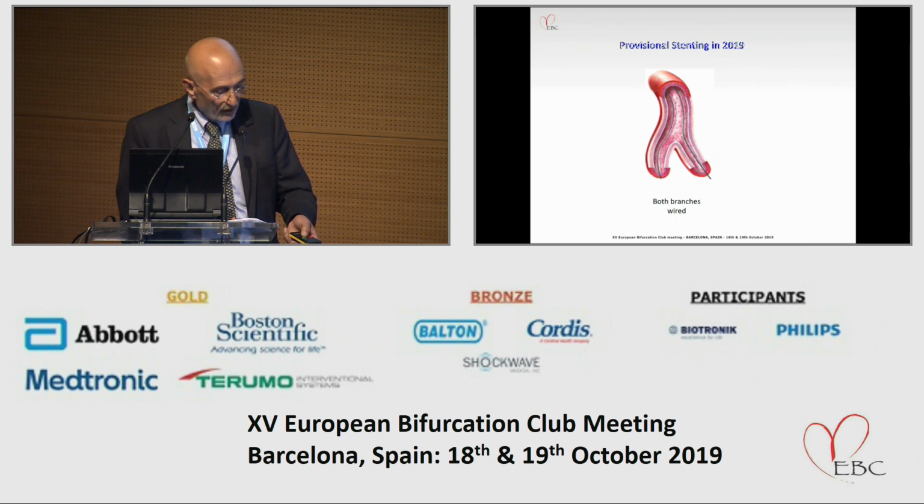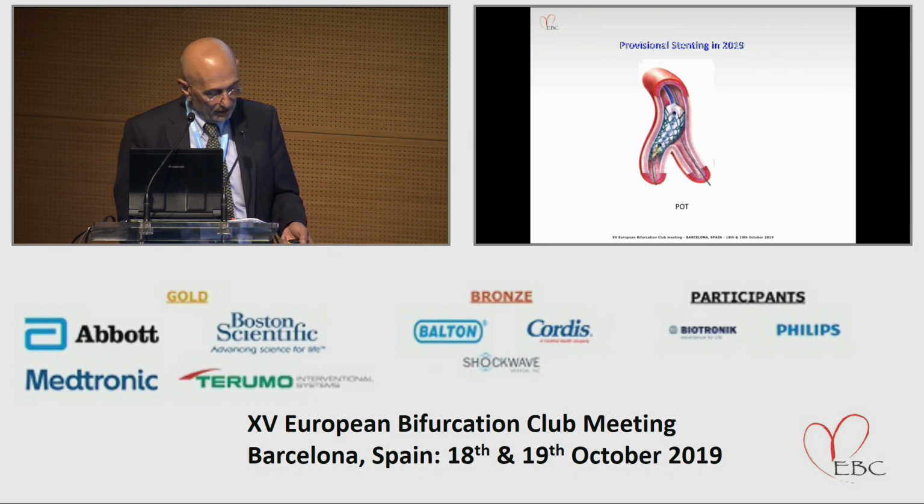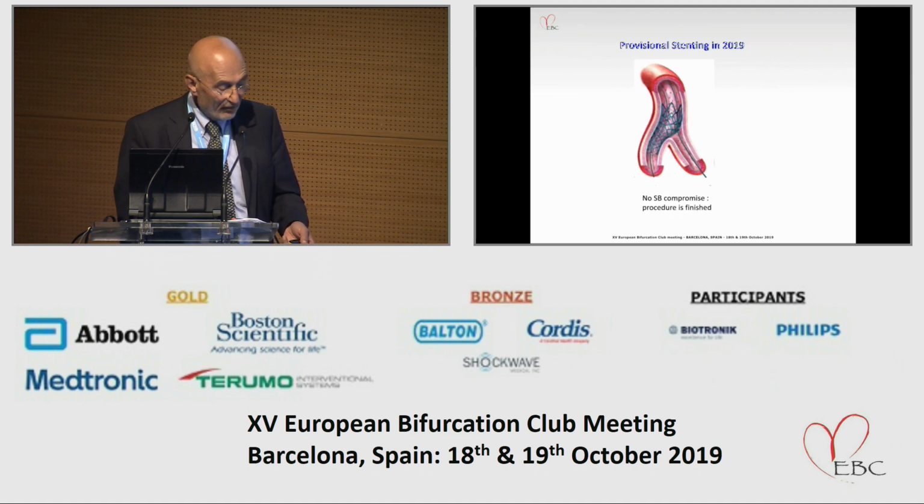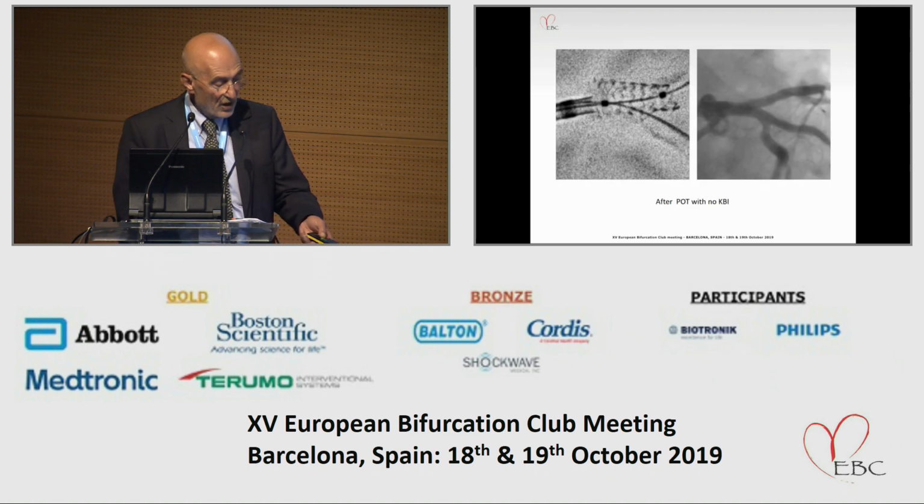We know also that provisional stenting today is to select your stent according to the distal vessel reference diameter, then going for POT. And if you don't have any compromise of the side branch, you can see your stent like this with very easy technology. That means the enhancement of the stent, and your angio is like this.